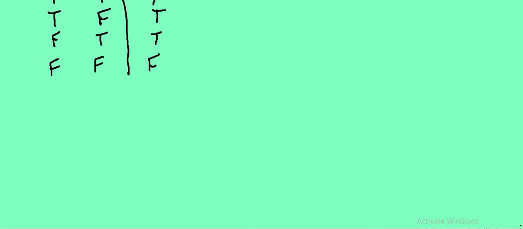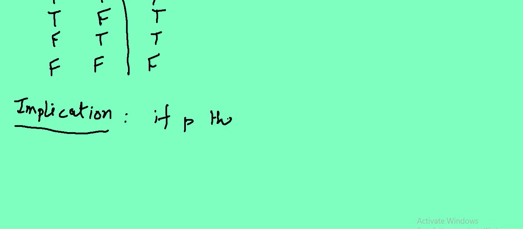This is the conditional statement, which is also known as implication, or you can say if P then Q. The symbol is P arrow Q. This is the symbol for implication, and it says if P is true, then Q is true, right?